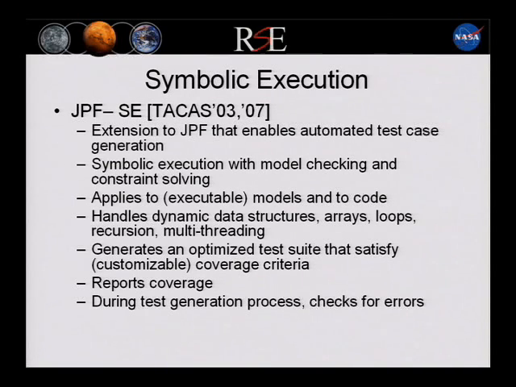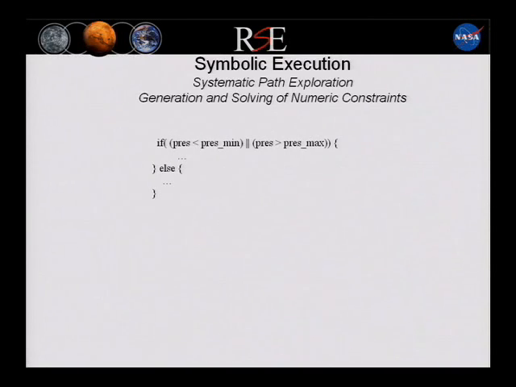And it generates an optimized test suite that satisfies coverage criteria as specified by the user. And it also reports coverage. And during test generation, because we use JPF as the underlying engine, it also checks for errors.